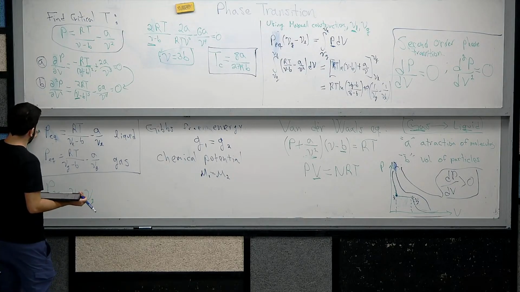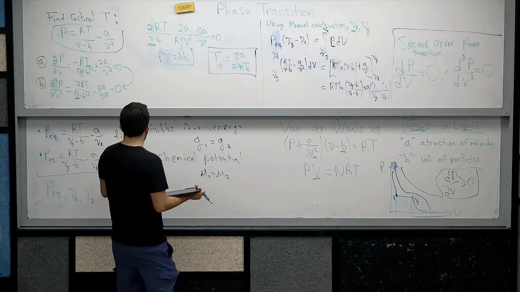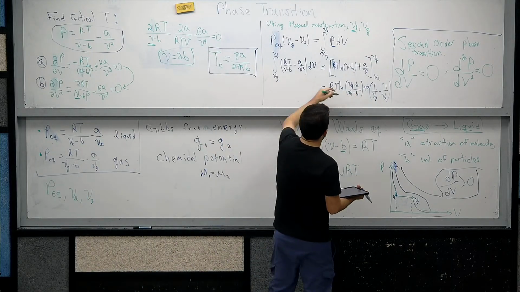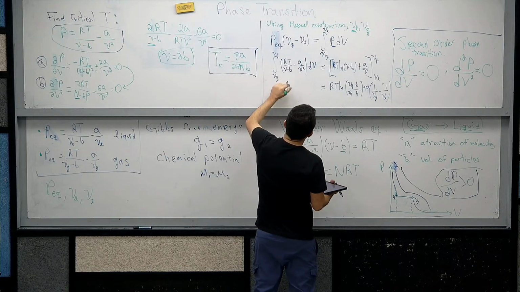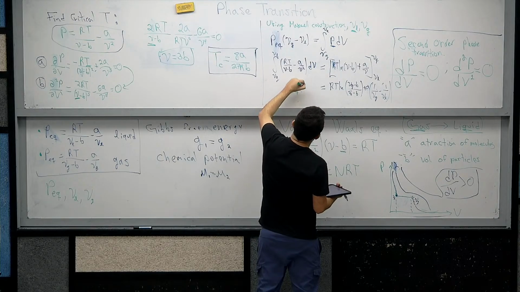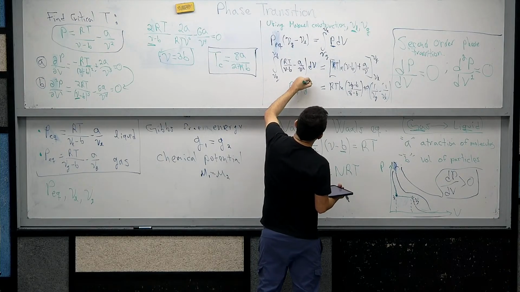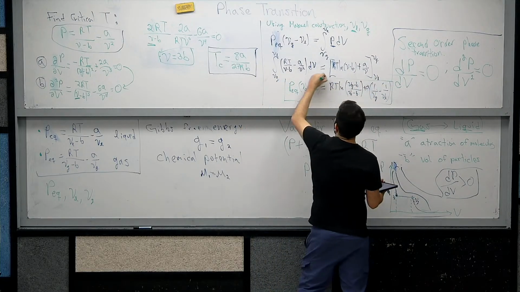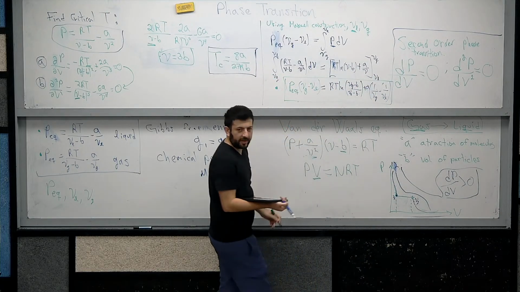This is one, this is two, and the other one is the equation that we got from the Maxwell construction. Here, this is equal to P_eq times (V_gas minus V_L). And this is the third equation, right?